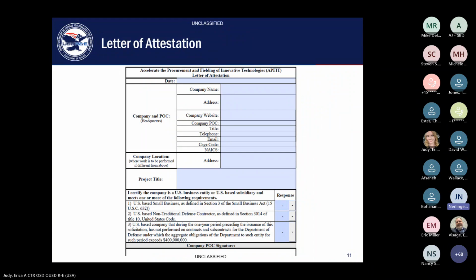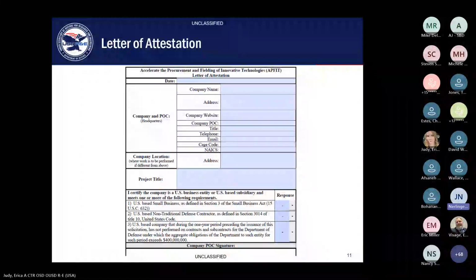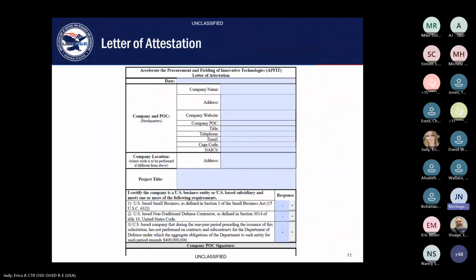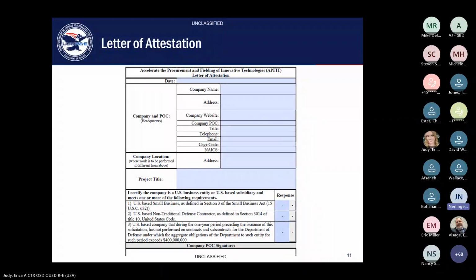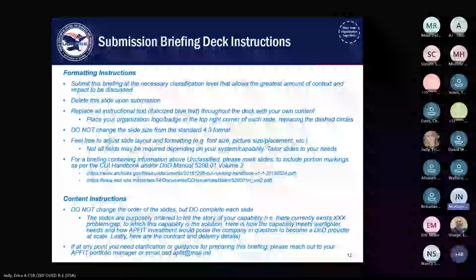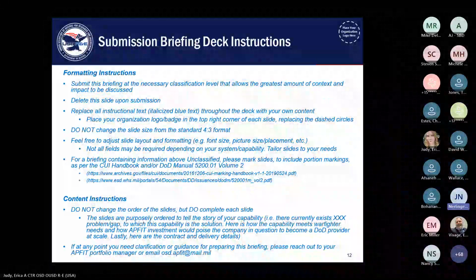That's a U.S.-based small business, non-traditional defense contractor, and then that third statement there. And so you'll fill this out, and then you'll sign at the bottom, and that's fairly straightforward on the letter of attestation.